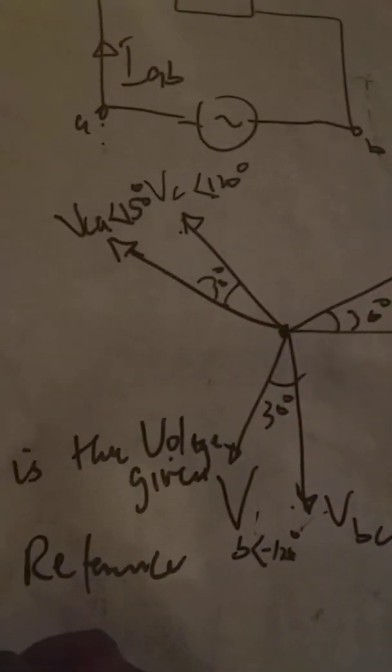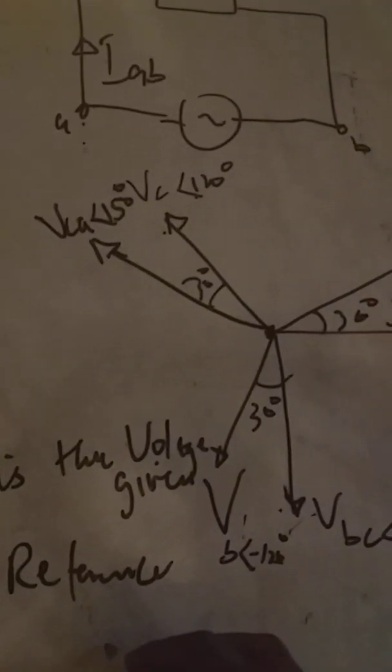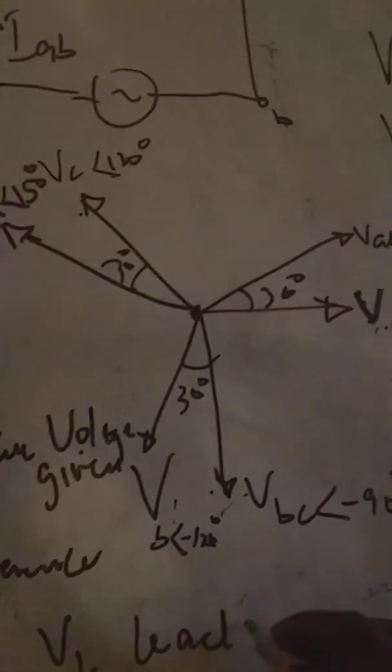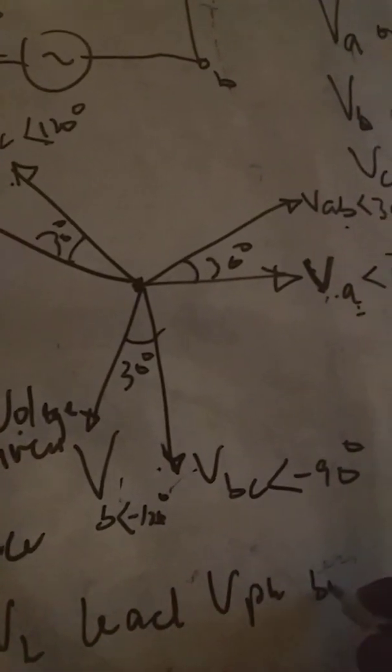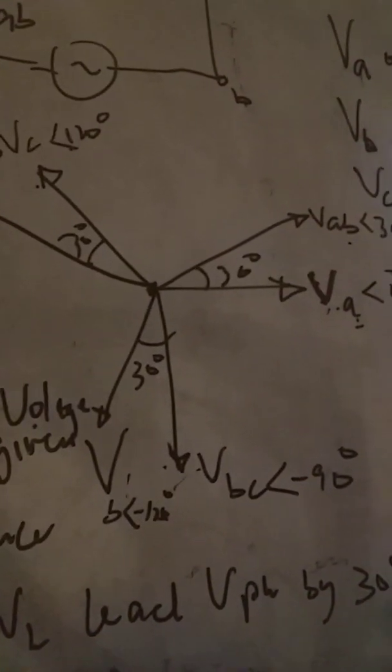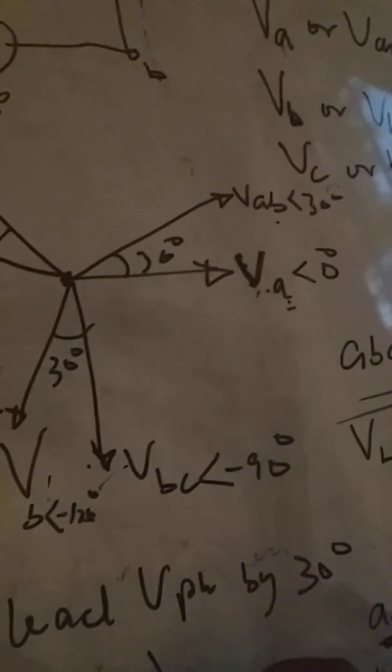So if it is positive phase sequence, the line voltage always leads the phase voltage by 30 degrees. If it is negative phase sequence, the line voltage lags the phase voltage by 30 degrees. Check also that one from your text.